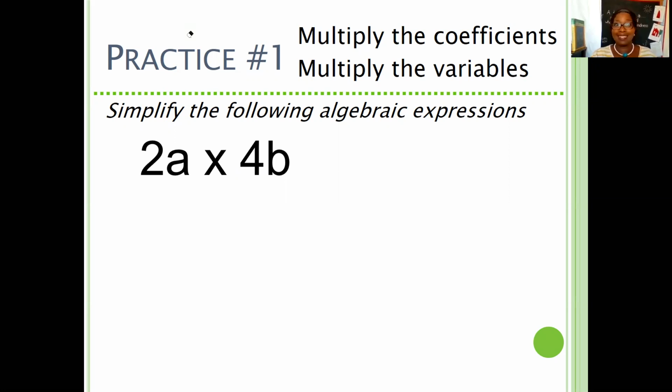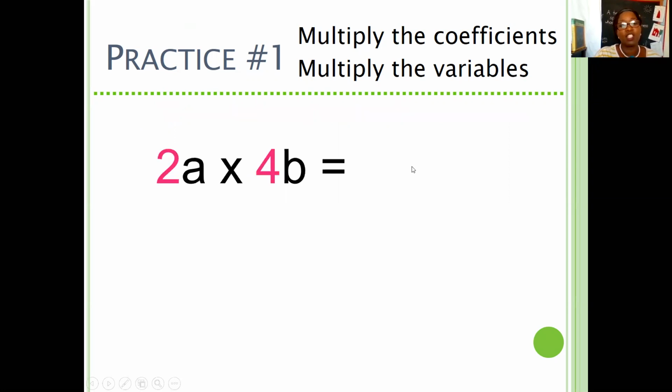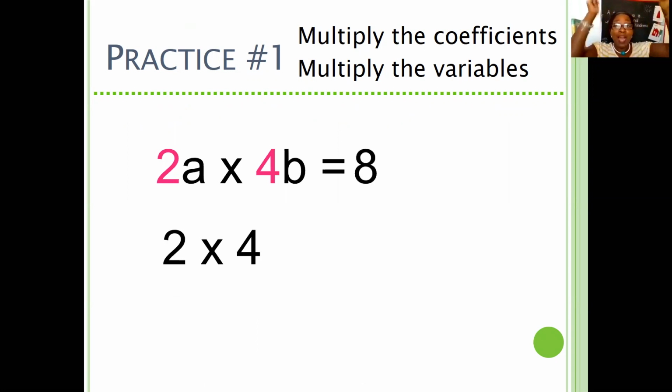Well, let's do this. The first thing we're going to do is multiply our coefficients. So we have 2 and 4. 2 times 4 is 8. Listen, you are halfway there in question number 1 if you got 8. Second part, you're going to multiply the variables.